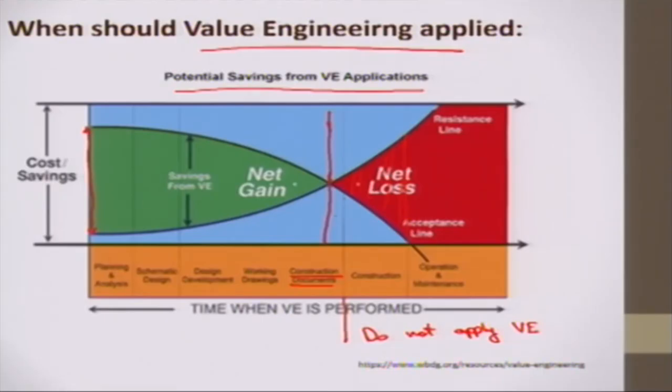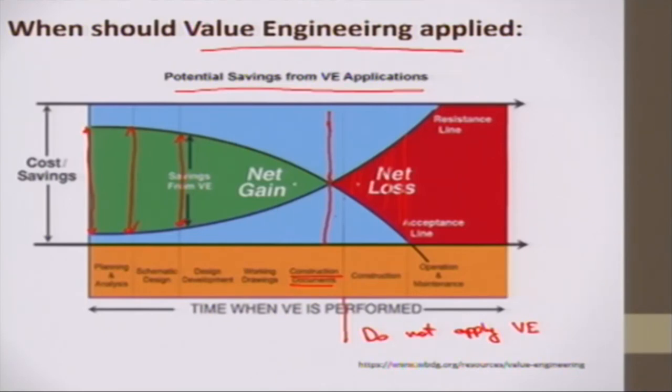But here we can fudge between these two. Planning and analysis, the systematic design, design development, some cost savings for value engineering would be there. So, at design phase, again I am repeating, the benefits are tremendous. Any changes to the program at this stage have very little, if any, impact on the schedule of the total project.